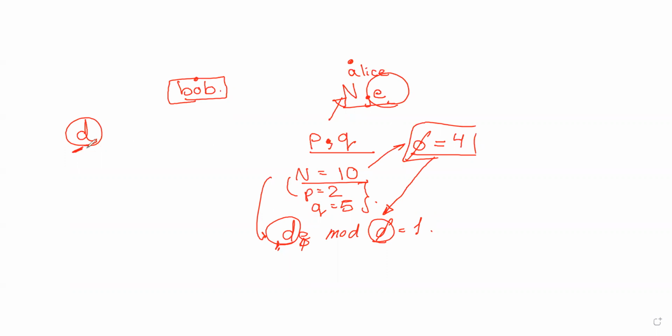And so you just steal that and say, oh, m equals c to the d mod n. And c is already in your hands, since you have access to the encrypted text. You just raise it to the d and you're done.